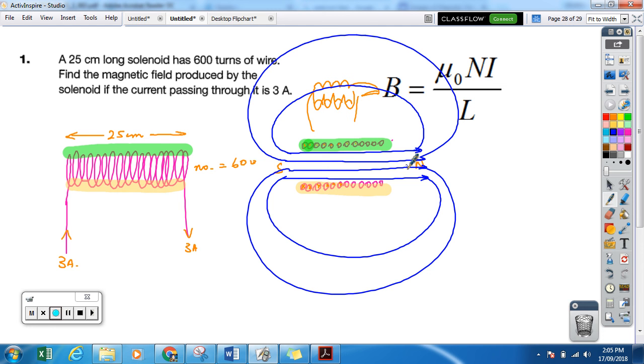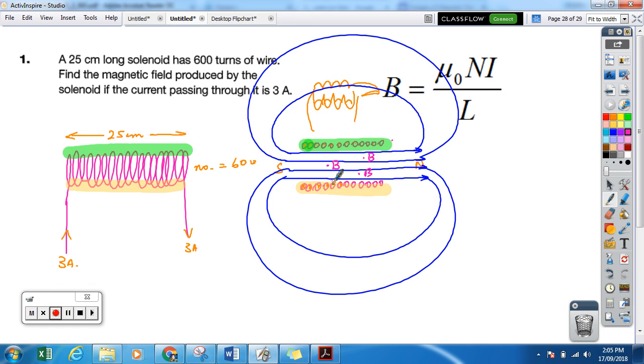But deep inside, between the center of the solenoid, there is a magnetic field strength here which is constant. So if it's here, or here, or here, it doesn't matter where it is, inside here you have a constant magnetic field. And we're asked to find that magnetic field.